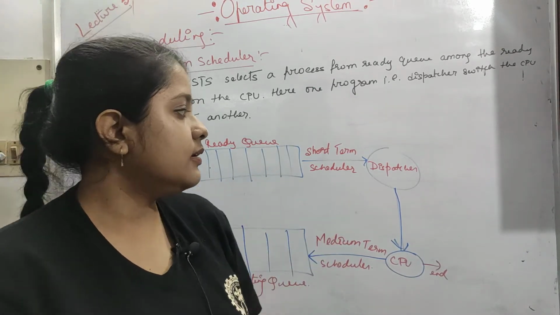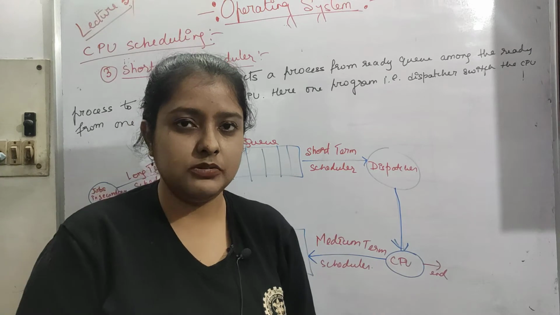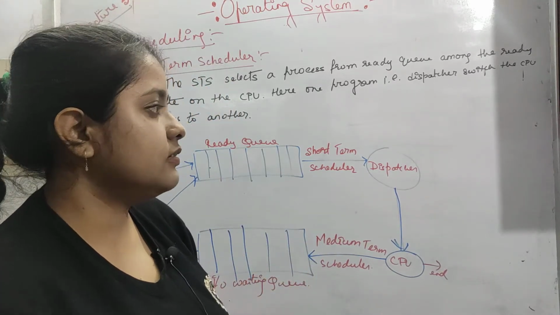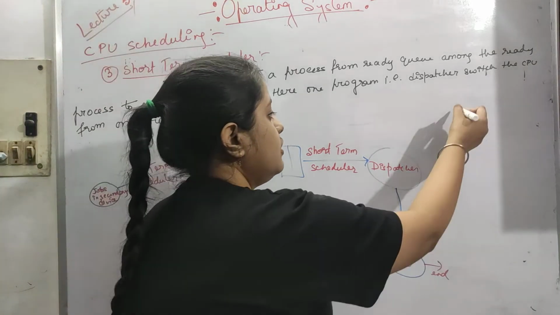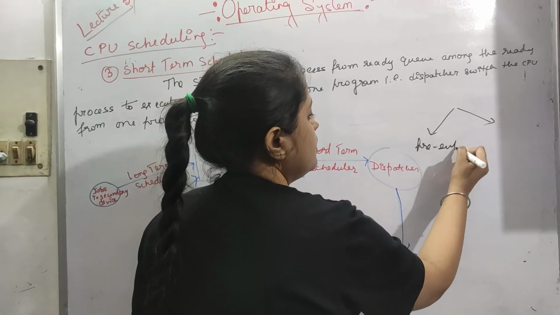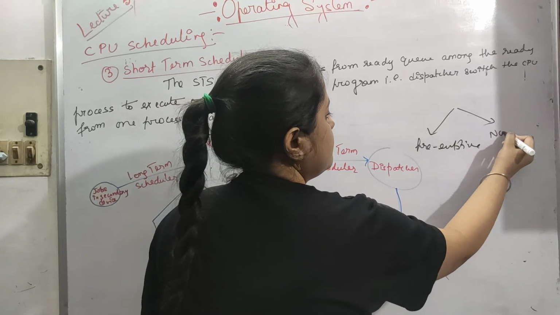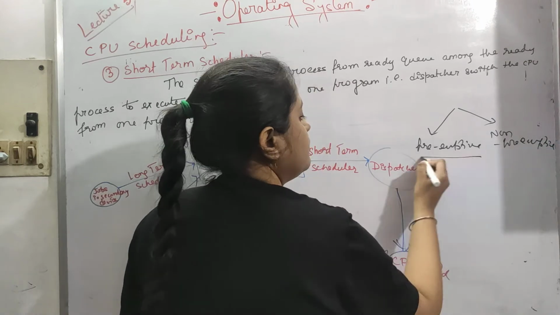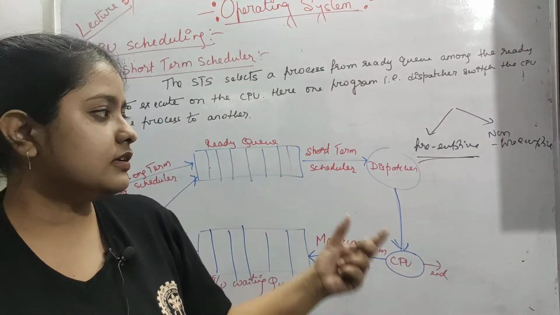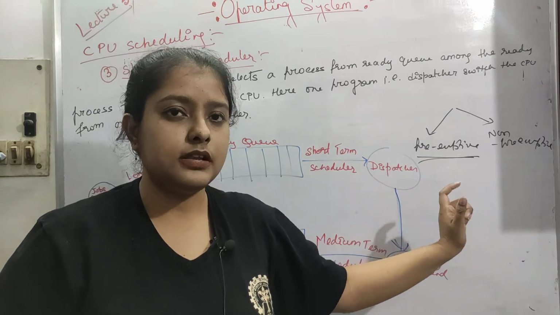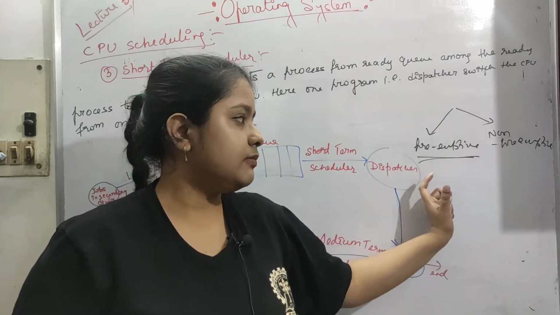We will see CPU scheduling algorithms. We'll get to it in detail, but for now you can see there are two types of scheduling algorithms. One is preemptive, another is non-preemptive. Preemptive algorithm means the process is running and it will stop the process, and some other process will start running.